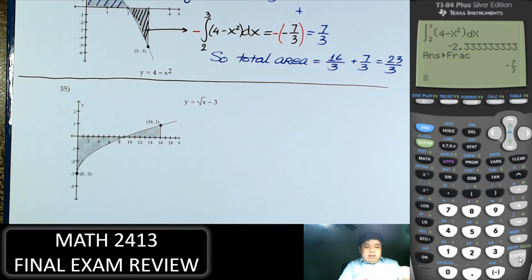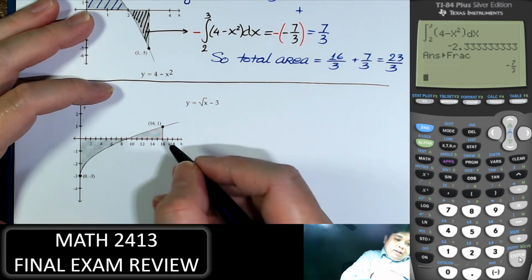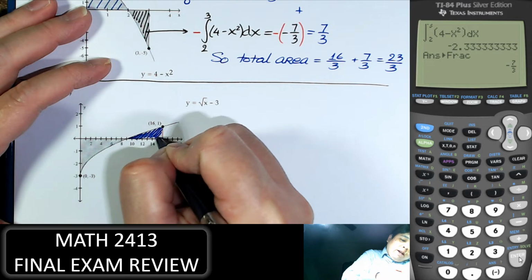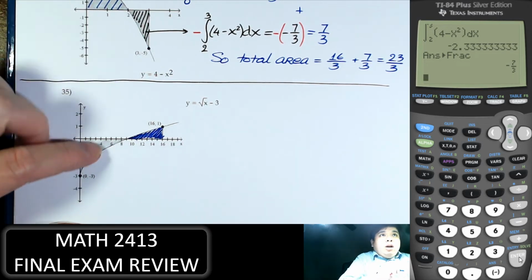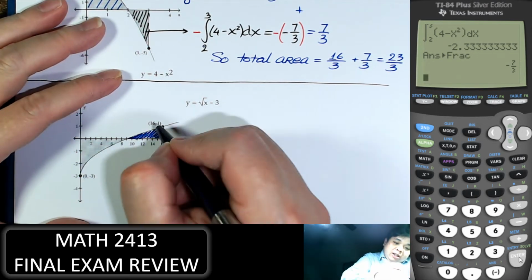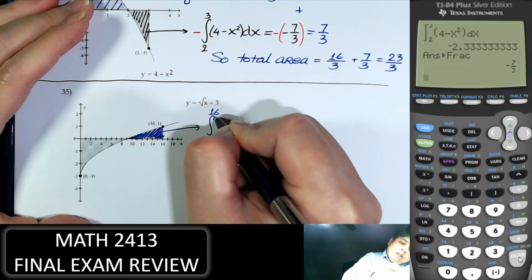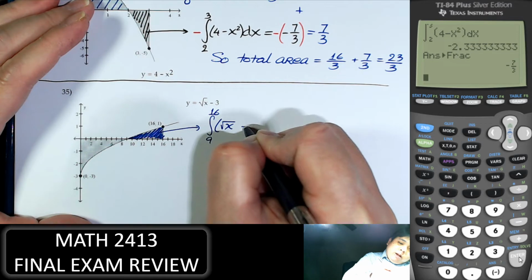Next we have this. Right, once again, this is above the x-axis and that one is below. Right, looks like we go from 9 to 16. So 9 to 16 square root of x minus 3 dx.